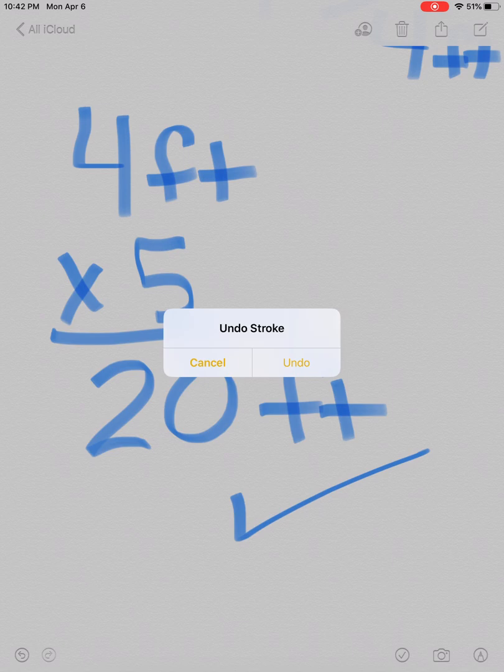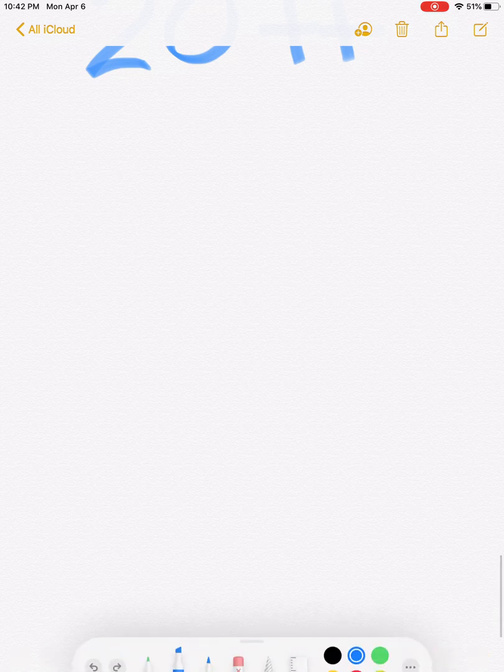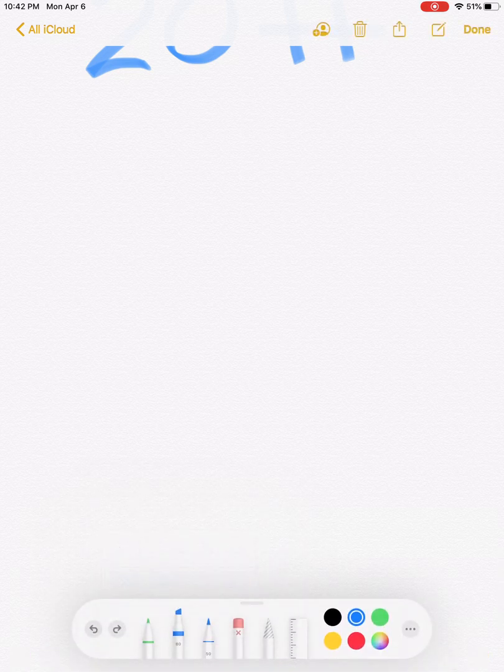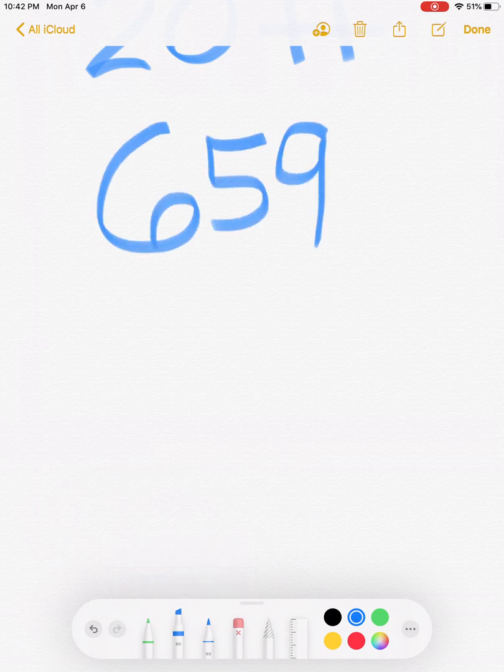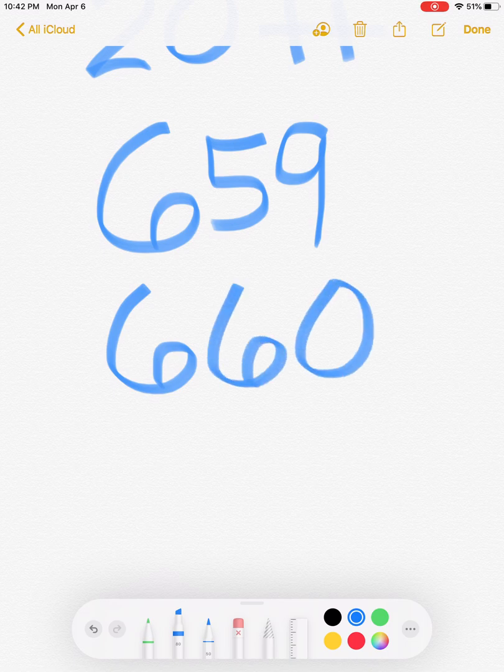Your job on page 659 is to do this page, to do estimating, to give reasonable answers. Also do page 660.